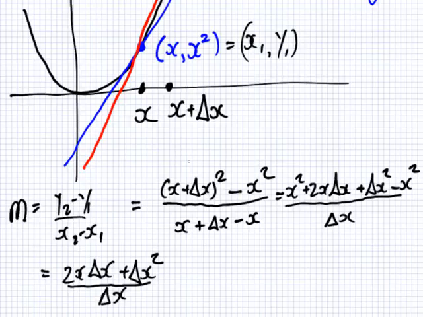Now what happens here? We get some cancelling. They will cancel with that, and that will cancel as well. So you're left with 2x plus delta x. I'll explain what that means in a moment, once you write that down.